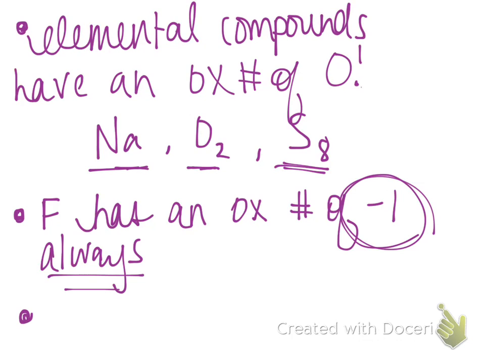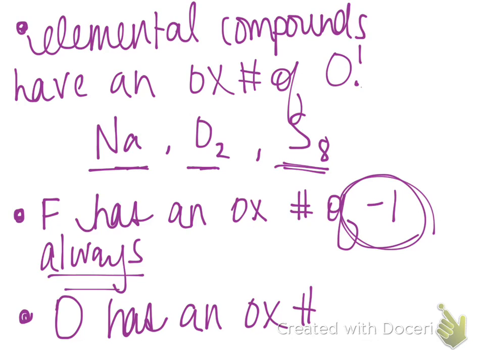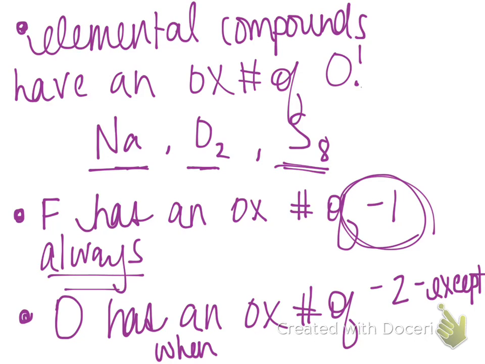Rule number 2: oxygen, which is right next to fluorine, has an oxidation number of -2, except when bonded with fluorine.